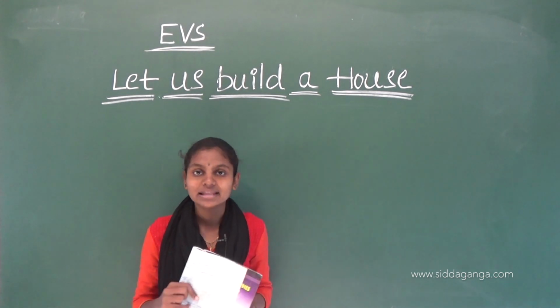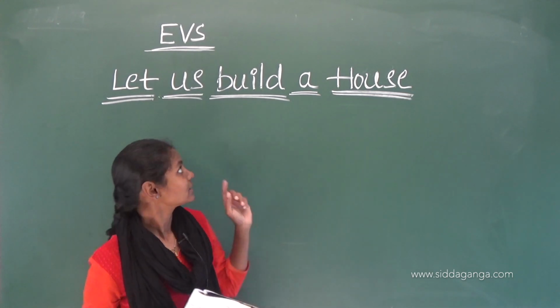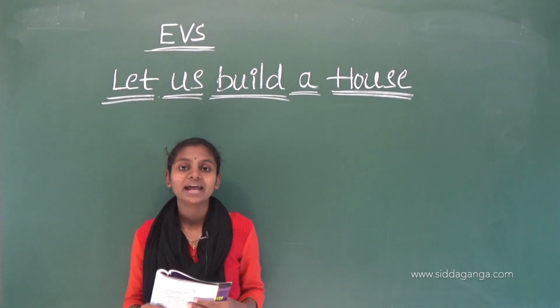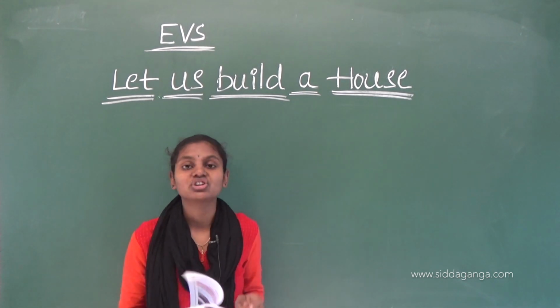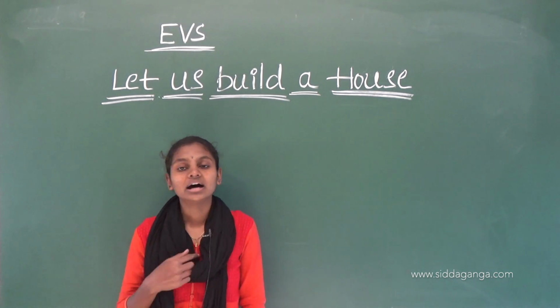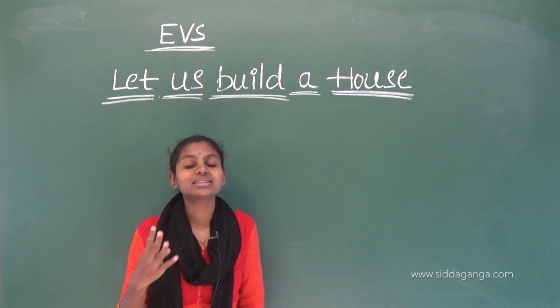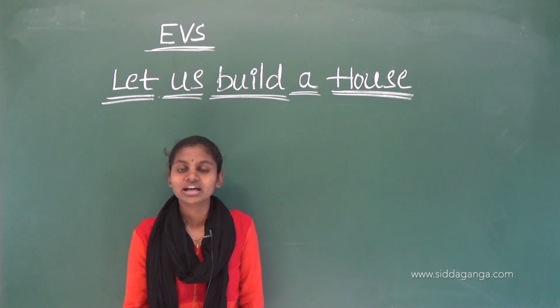Okay, in this class we are going to learn your lesson, that is Let Us Build a House, and in this lesson we are going to study identification of different types of houses. Children, look at your surrounding. You can see different types of houses in your surrounding, right?